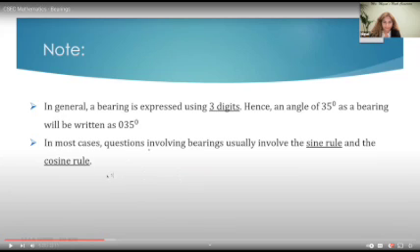One, we write bearings using three digits. Example, 035.